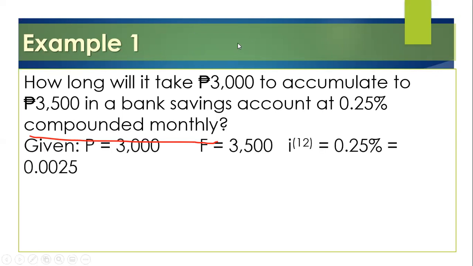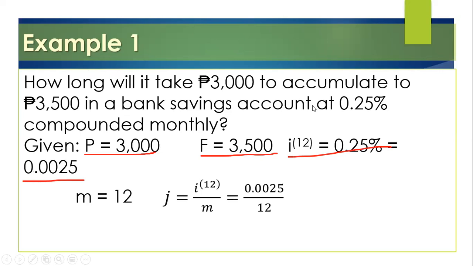So, we have the given. We have P is equal to 3,000. F is equal to 3,500. i is 0.25% or 0.0025 in decimal.